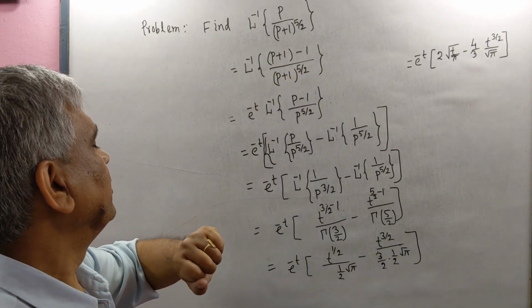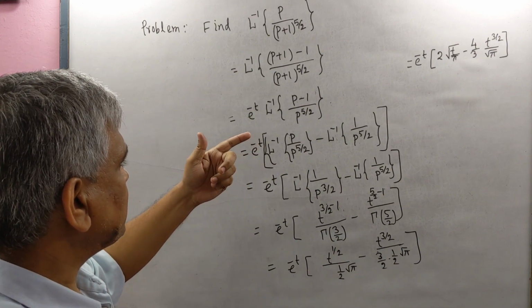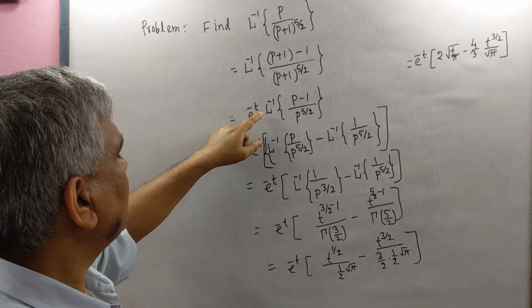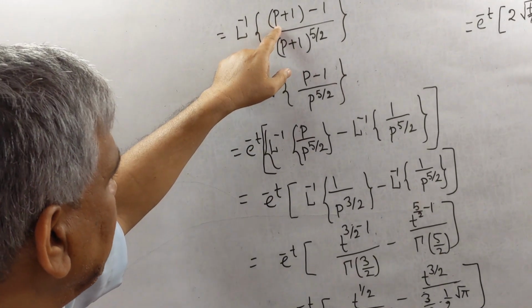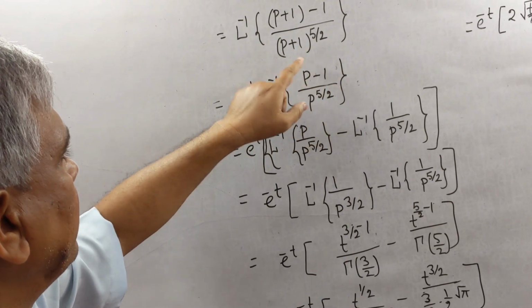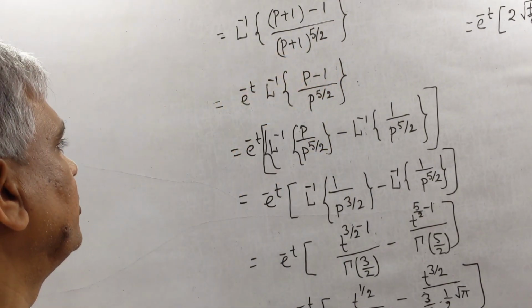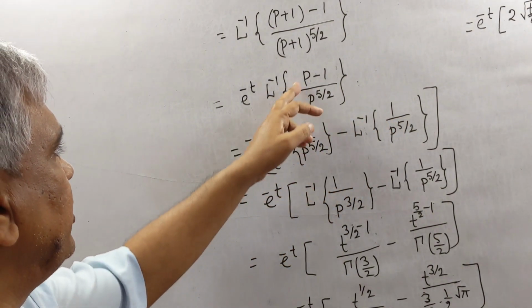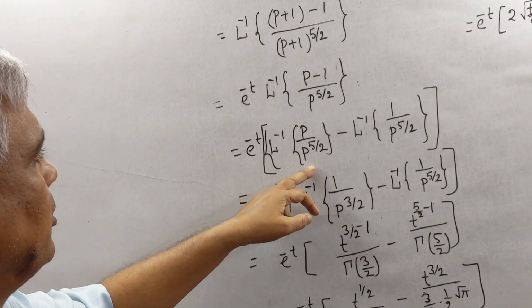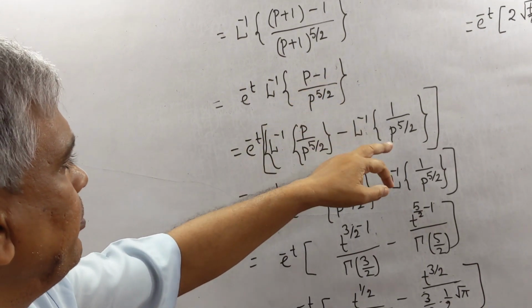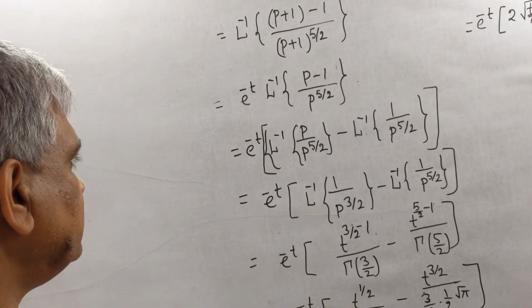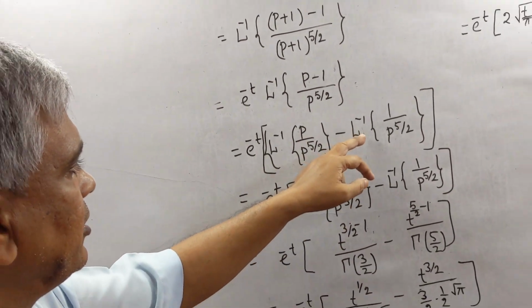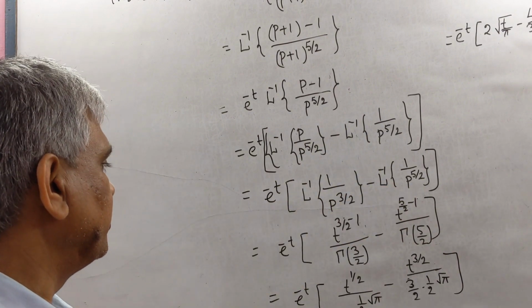By the first shifting theorem of inverse Laplace transformation, e to the power minus t, L inverse (p minus 1) by p to the power 5 by 2. We separate this in two parts: L inverse p by p to the power 5 by 2 minus L inverse 1 by p to the power 5 by 2. This is L inverse 1 by p to the power 3 by 2, and this is L inverse 1 by p to the power 5 by 2.